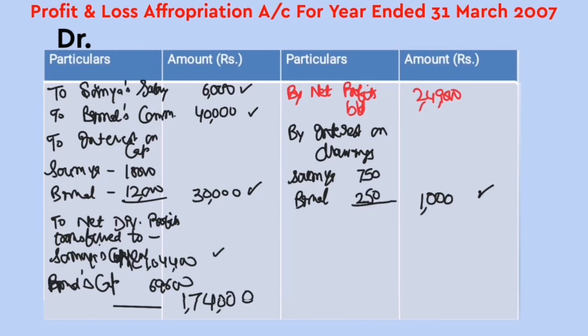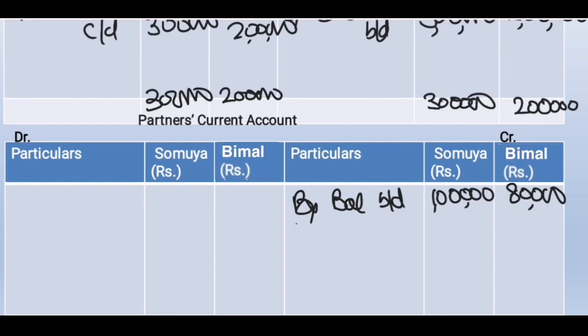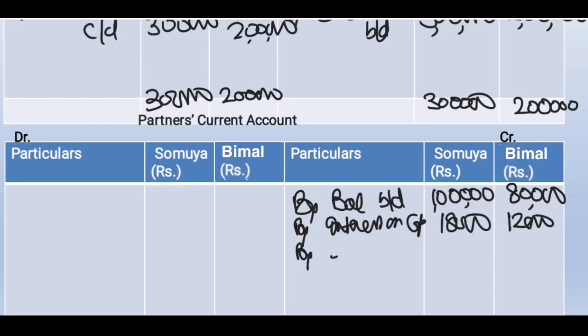So amounts to be given to partners will be shown on the credit side, like by interest on capital. With Soumya we have 18,000 and for Bimal it is 12,000. Then is by salary or commission. Soumya's salary is 6,000 and Bimal's commission was rupees 40,000.